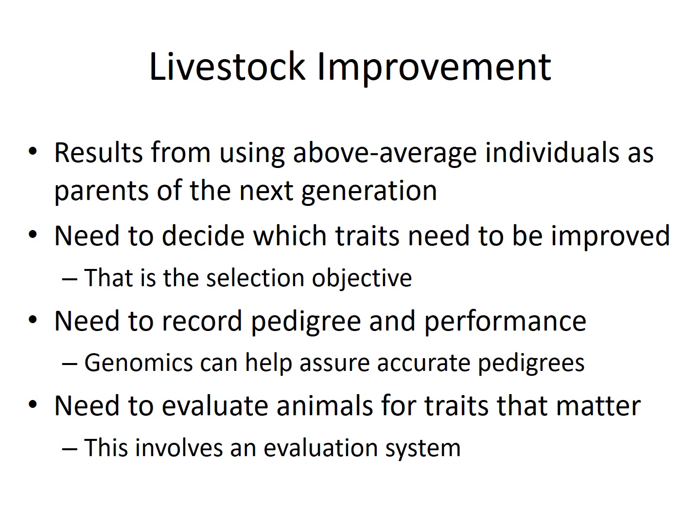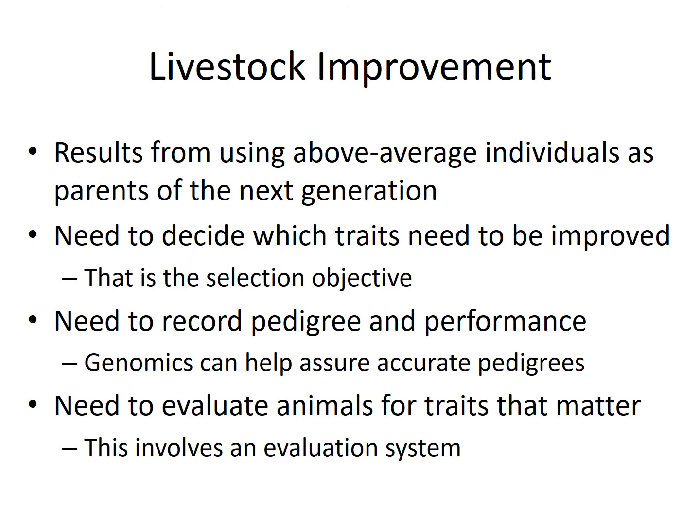We need to record pedigree and performance information. We need to do this to develop training populations, and we need to do this to develop traditional progeny test kinds of estimated breeding values. But with genomics, we can assure that we have accurate pedigrees, and we can get improved accuracy in young animals.